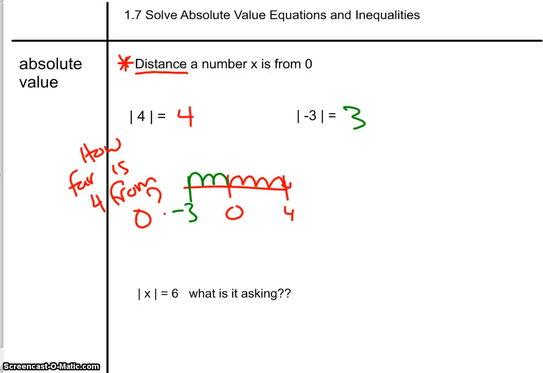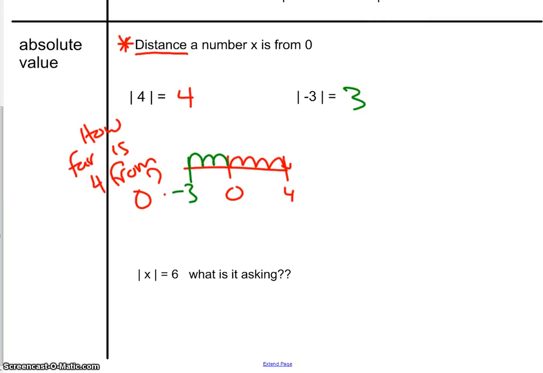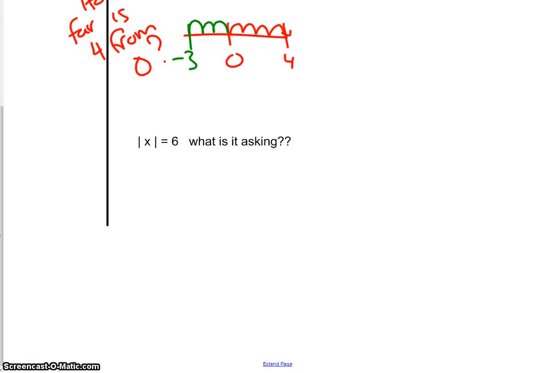But now when we get into an equation, what does it mean when I say the absolute value of x equals 6? What we're asking is, what number or numbers are 6 units from 0?